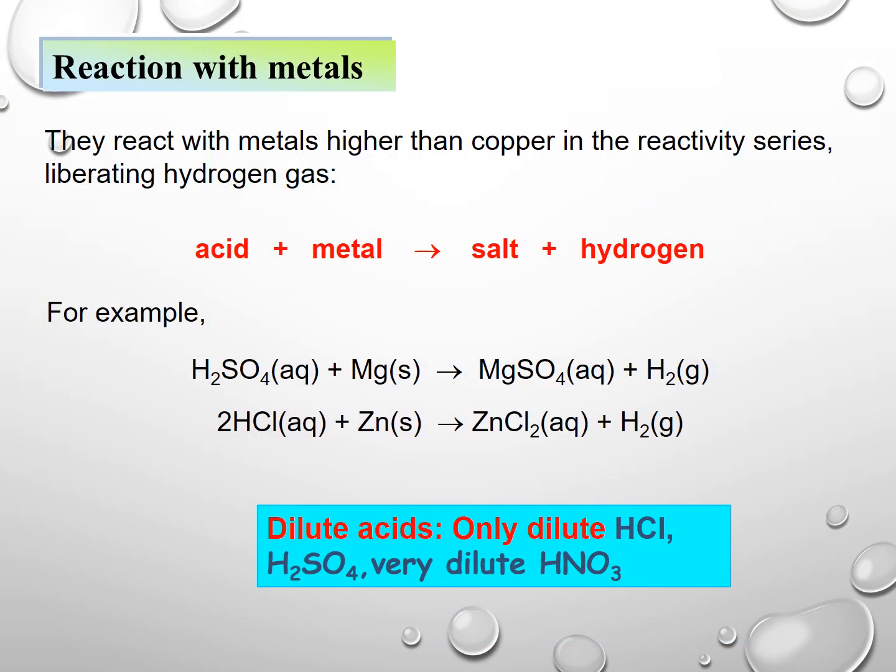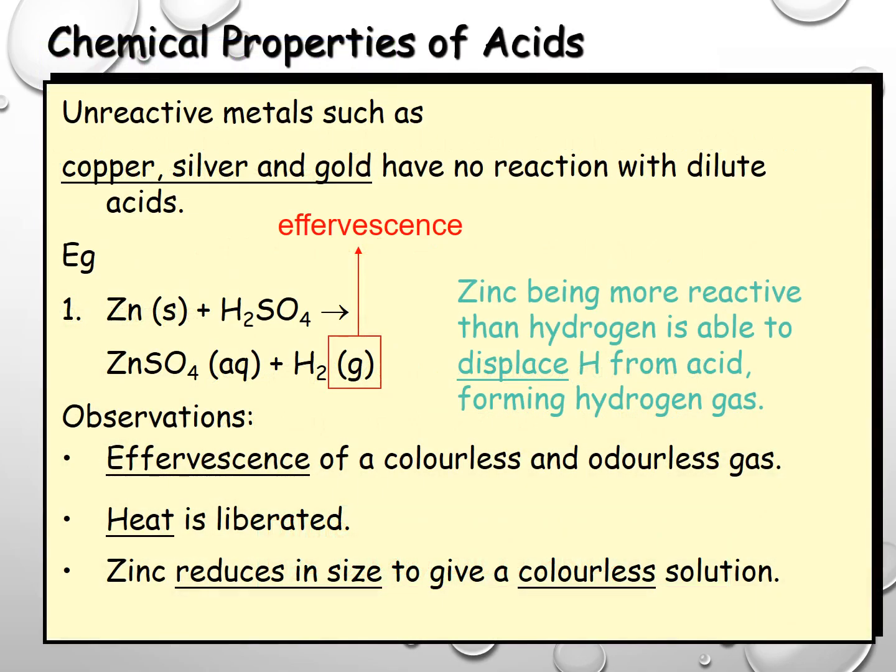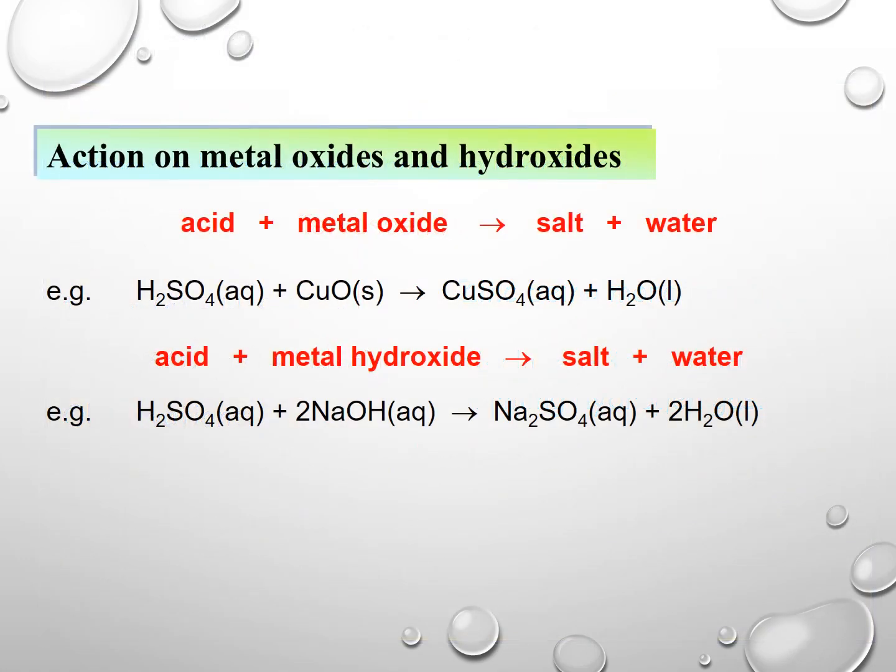During this reaction, a salt and hydrogen gas are produced. For example, zinc reacts with sulfuric acid to form zinc sulfate and hydrogen gas. The gas can be identified by the characteristic pop sound when a burning splint is brought near it.